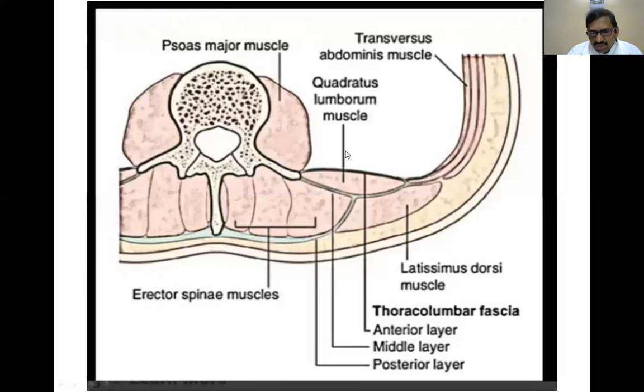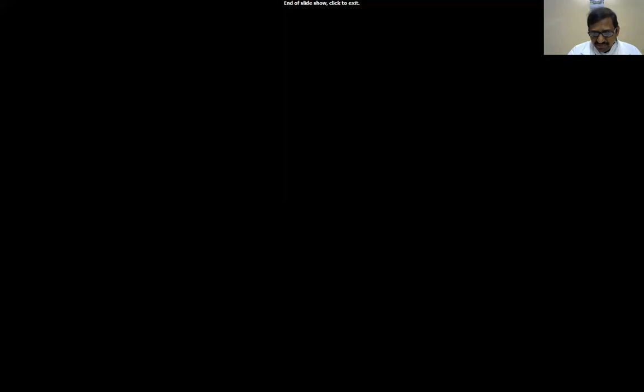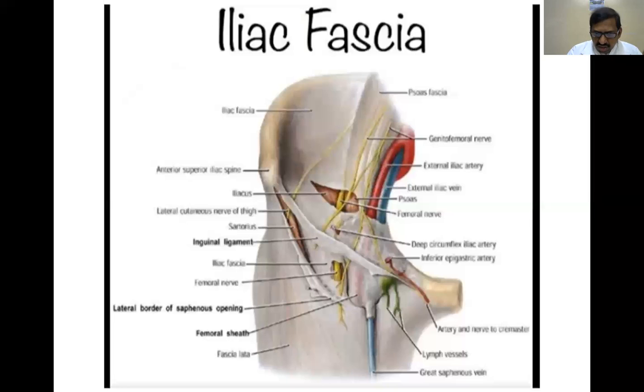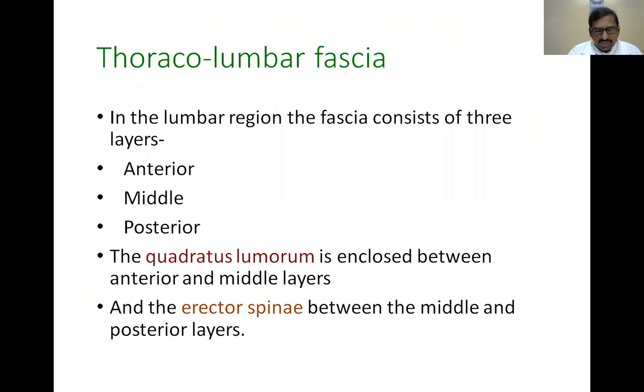If you want to approach the kidney, you must give an incision through the skin, then the superficial fascia, then these layers: the posterior, middle, and anterior layers of the thoracolumbar fascia. These are very, very important. They may ask for a short answer. This is about the thoracolumbar fascia in brief, because time is over.